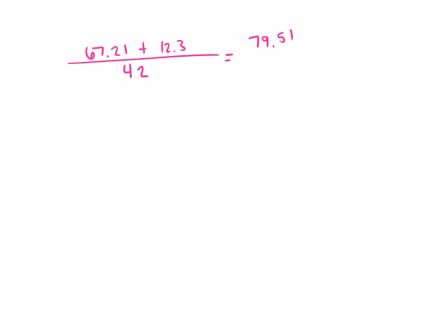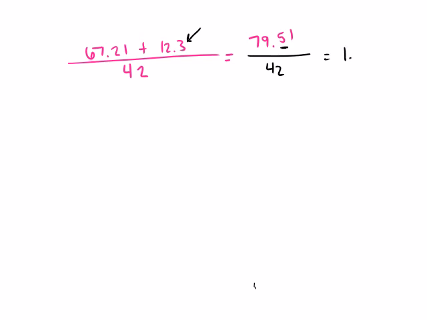But make special note that this is an addition problem, so I can only have one decimal. So simplify the top, and then you can only have one decimal place in your answer because of this 3 here. I'm going to underline it. Divided by our 42. So 79.51 divided by 42.